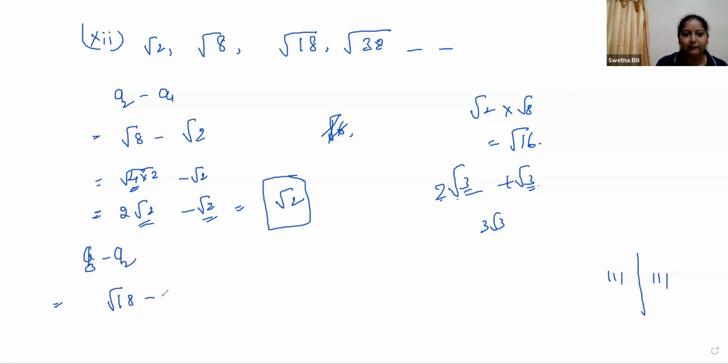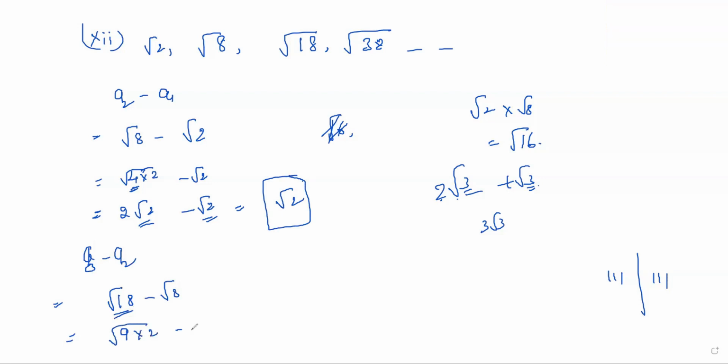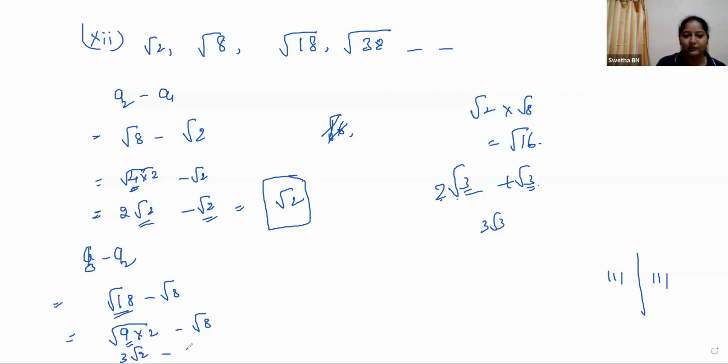Root 18 minus root 8. How can you write root 18? Root 18 can be written as root of 9 into 2. So what is the square root of 9? It is 3, right? Take it outside. 3 root 2 minus, root 8 I have written here, no? 2 root 2.